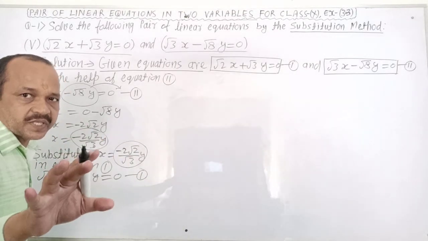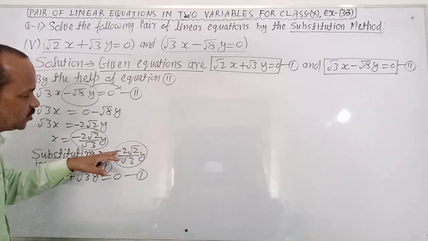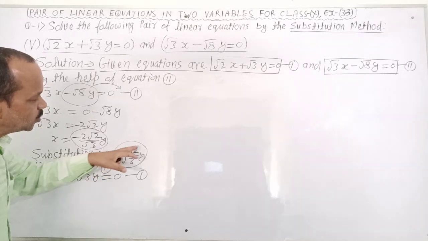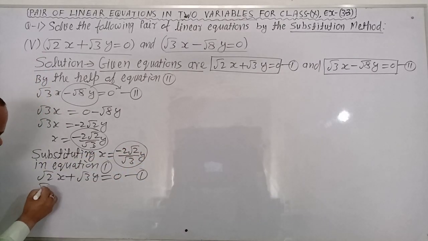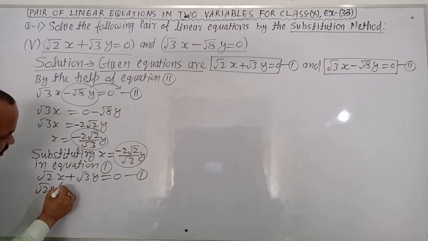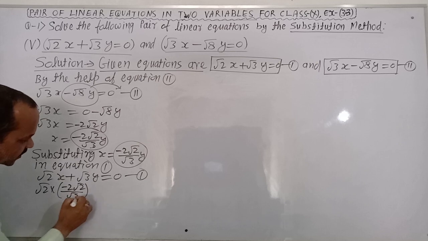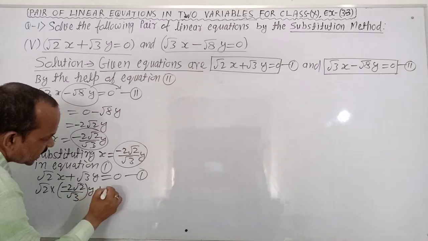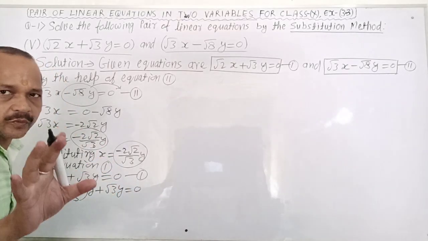You substitute the value of x equal to minus 2 root 2 by root 3 y. Here root 2 multiply minus 2 root 2 by root 3 y plus root 3y equal to 0.